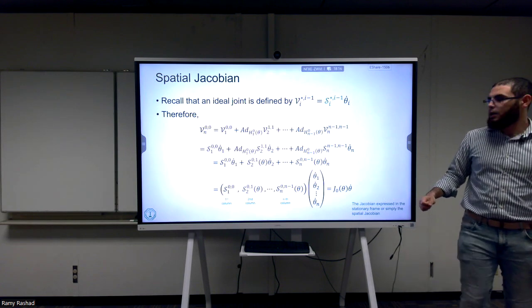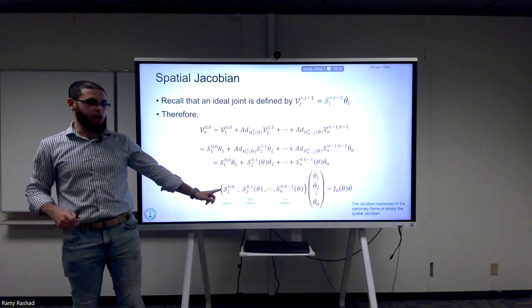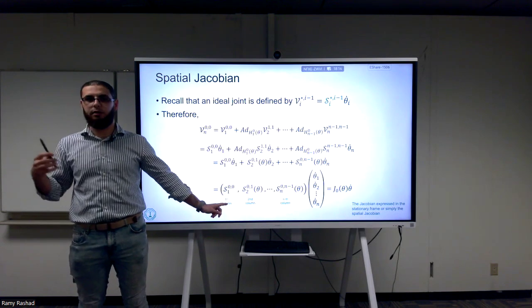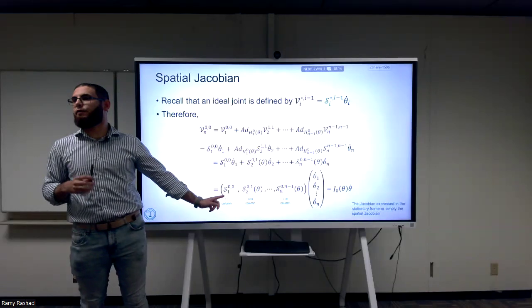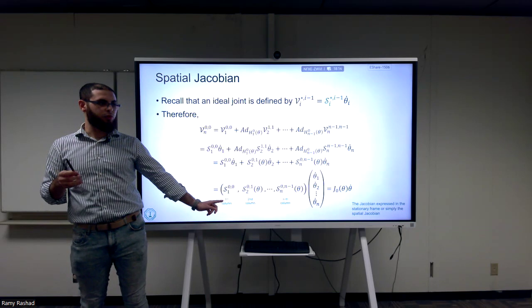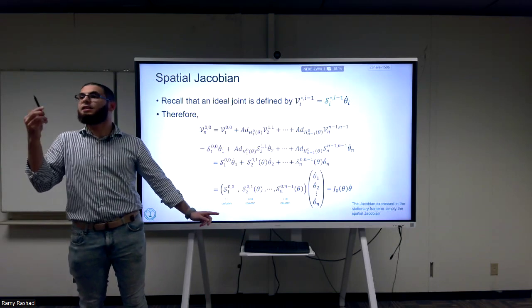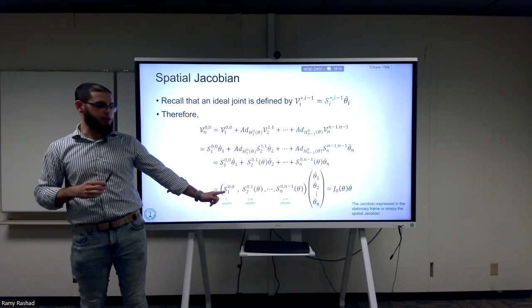Okay? So each one of these columns of the Jacobian has a physical meaning. We're not talking about some numbers here. It has a physical meaning. What is the first column of the Jacobian matrix? It's the relative twist between link number 1 and link number 0, or in other words, it's the screw axis of joint number 1 expressed in the 0 frame.